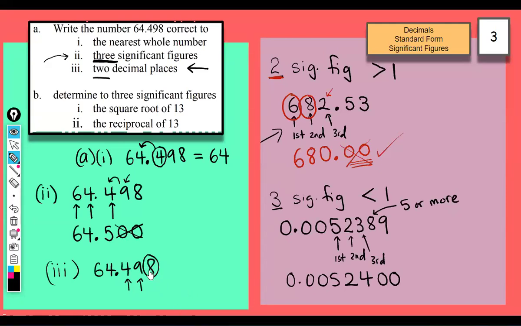Once it's 5 or greater, we add 1. But we have a little problem. When we add 1 to 9, how much are we going to get? 10. And because we get 10, that extra 1 from the 10 goes over to this 4. So we end up adding 1 to the 4 also. So we get 64.50. This one, you have to put the 0, because if we leave out the 0, it will be 1 decimal place.